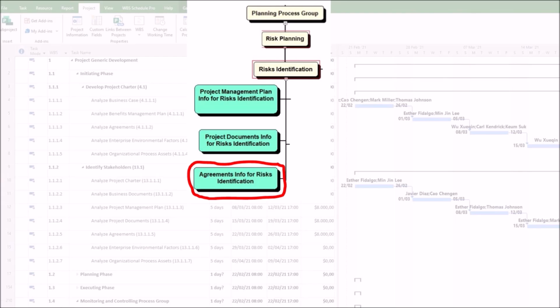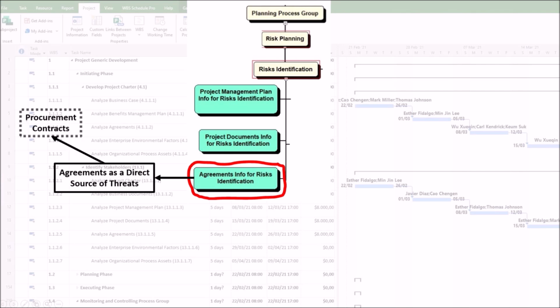1. Agreements as a direct source of threats. Agreements explicitly define obligations, deadlines, and standards. Failure to meet these requirements constitutes a direct threat to the project. As follows. First, procurement contracts. A significant threat is the possibility of a supplier failing to deliver materials on the specified date, causing project delays.